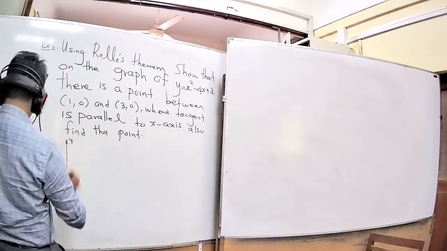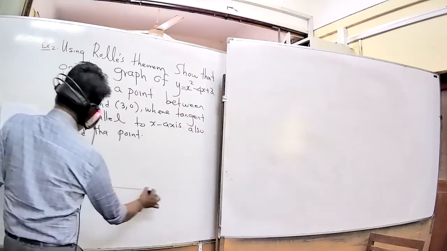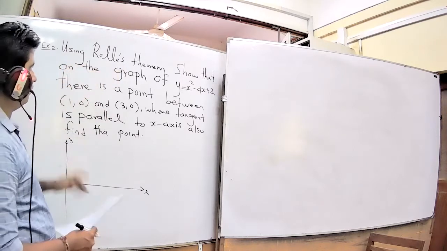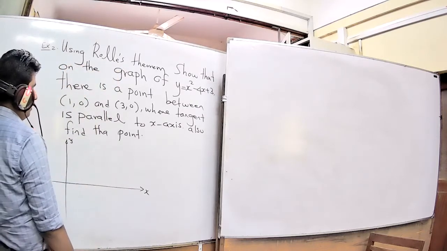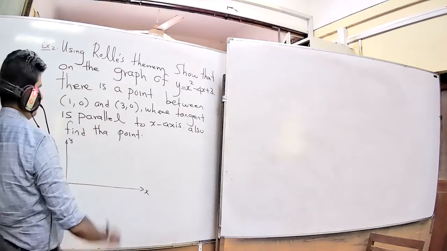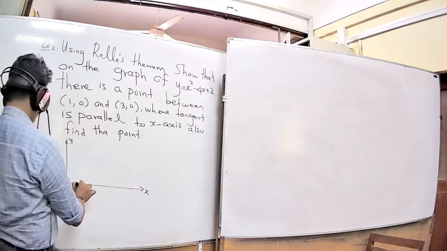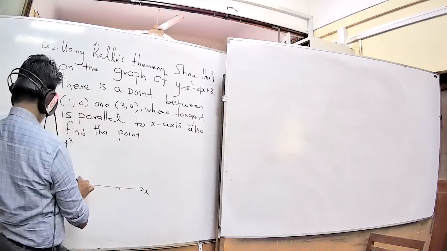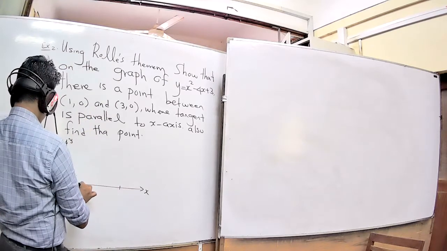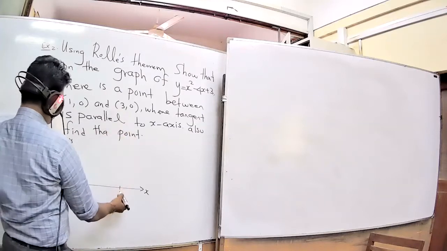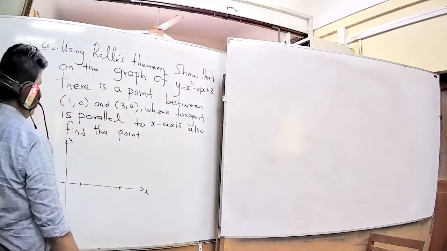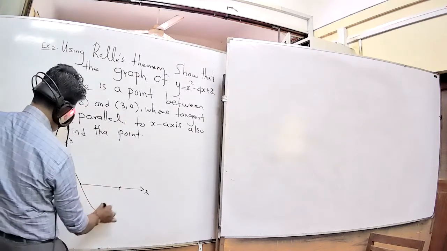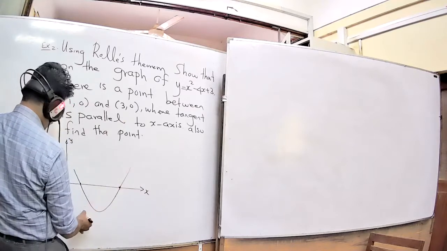It is the y-axis, it is the x-axis. The graph y equals x squared minus 4x plus 3 cuts the x-axis at 1, 0 and 3, 0.